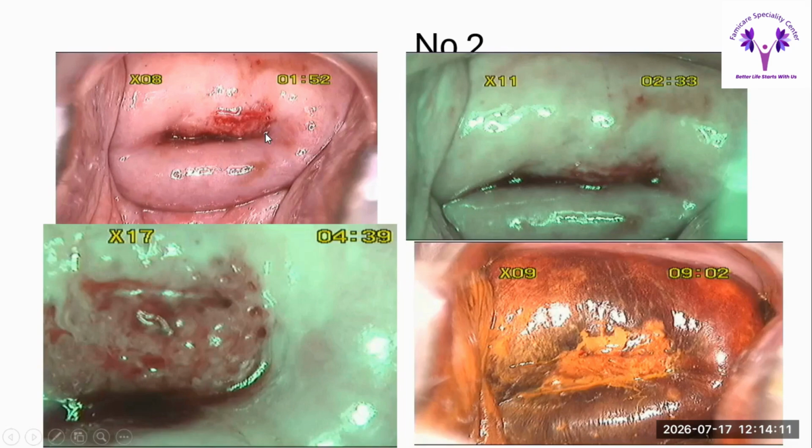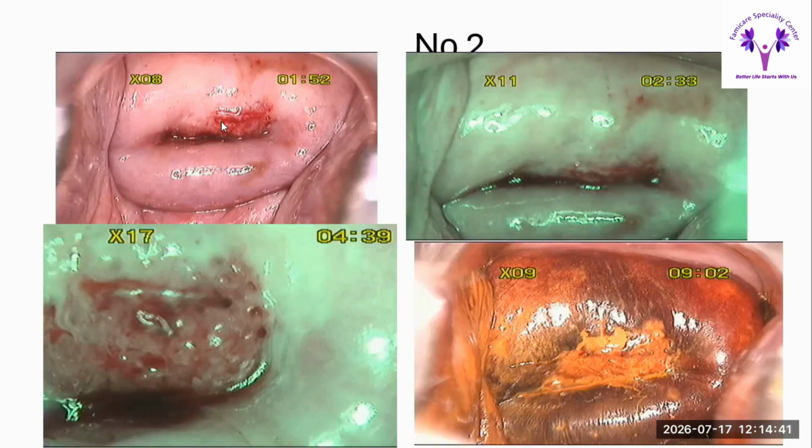So what is the transformation zone? The upper limit is the crypts or the Nabothian follicles which are seen on the ectocervix. We draw an imaginary circle all around that, and from the new squamocolumnar junction to that imaginary circle, which is drawn where the last crypts or Nabothian follicles are seen, that becomes the transformation zone.